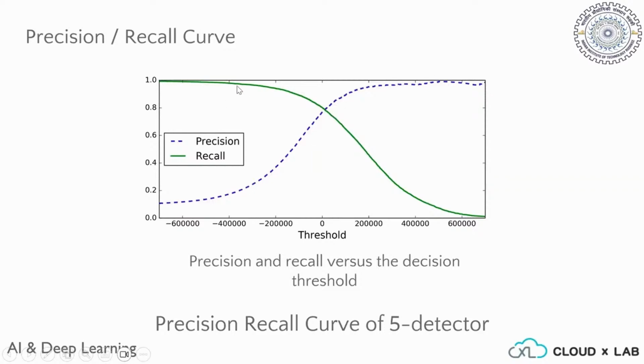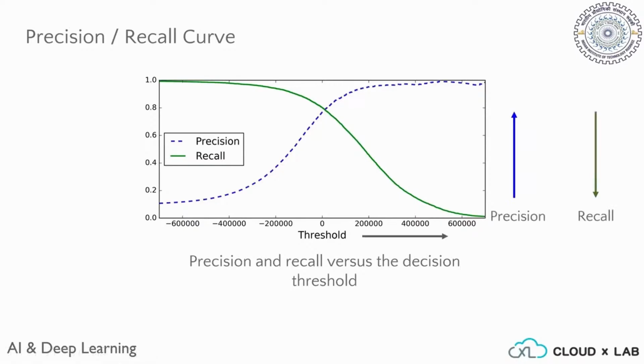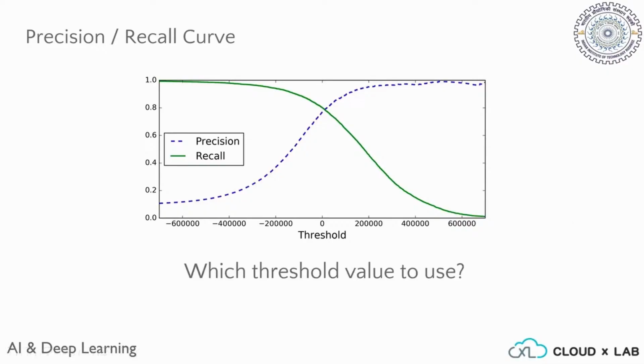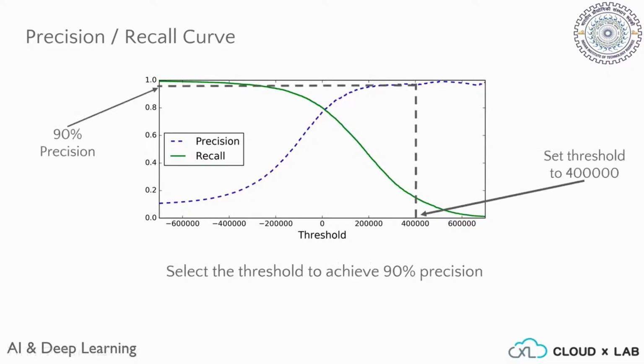And here, one thing is clear: if we try to increase precision, recall will decrease. If we try to increase recall, precision will decrease, right? So we have an inverse relationship between precision and recall. So what we want here is good precision and good recall, and for that we will use the F1 score.